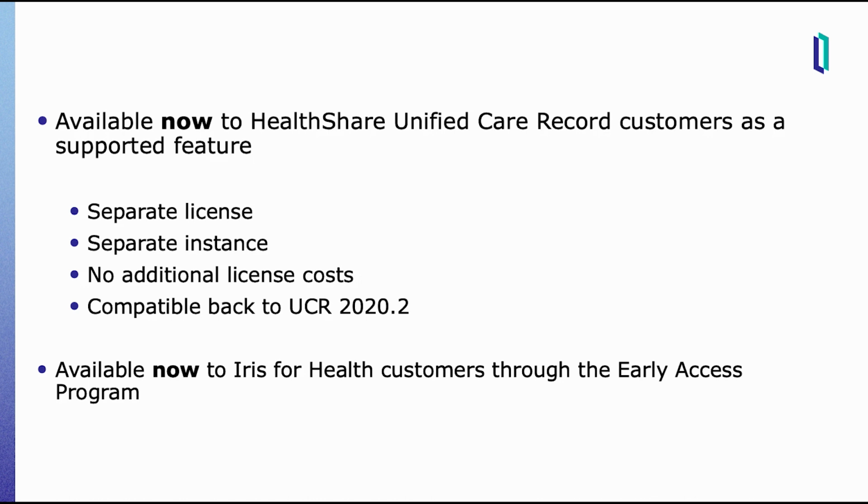And because it's actually on its own instance, it's compatible back to UCR 20.2. So the upgrade cycle is removed from the typical HealthShare UCR upgrade cycle. It's a separate thing. So the interface that supports it and the security model can be used back to the UCR 20.2 version.